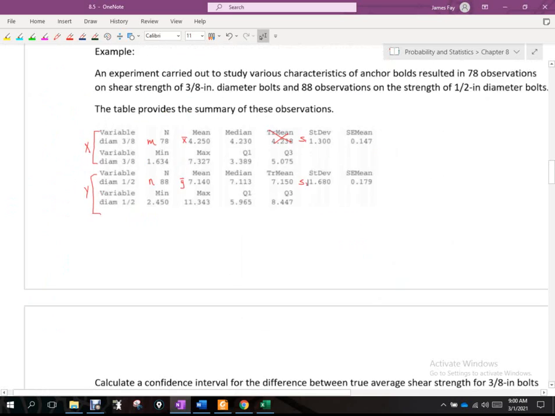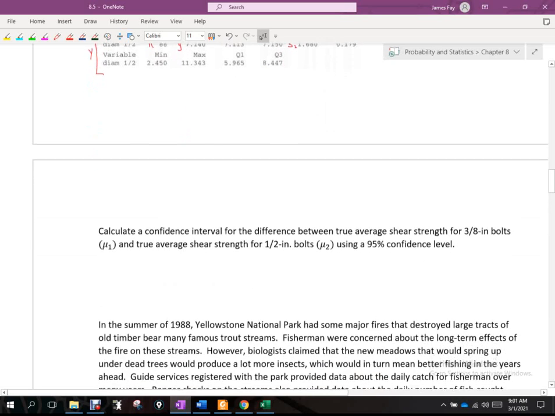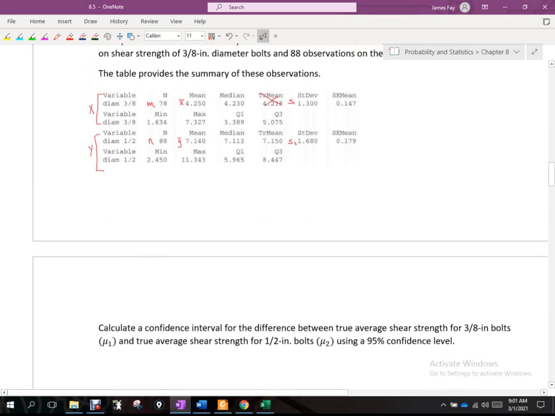So we're going to calculate a confidence interval for the difference between the true average shear strength for 3/8 inch bolts, which we're going to say is mu sub 1, and true average shear strength of 1/2 inch bolts, mu sub 2, using a 95% confidence level.